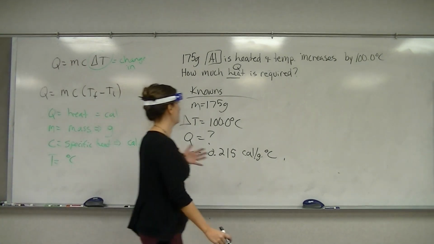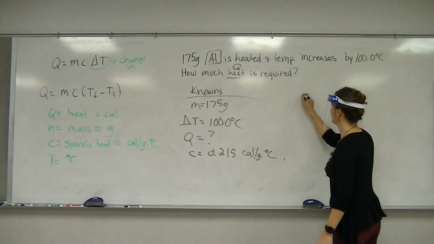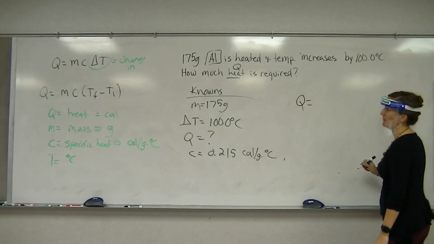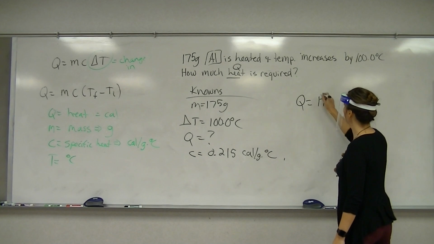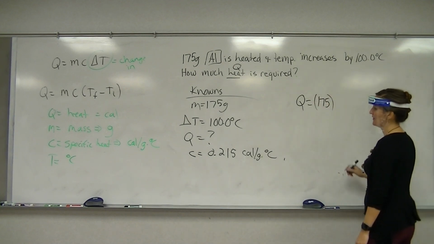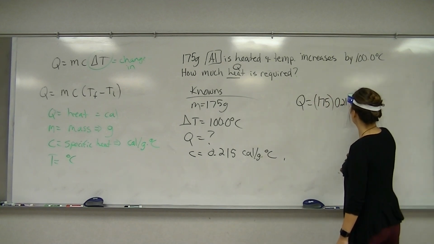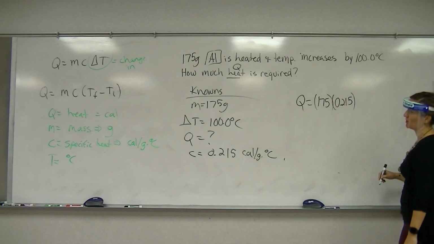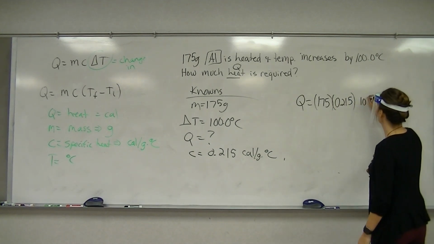Now that I have all my variables, I'm going to plug it into that top equation to solve for heat. My mass was 175. My C value is 0.215. And I'm going to multiply that by my delta T, 100.